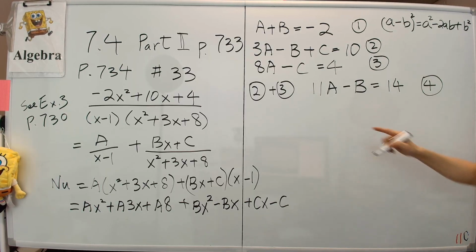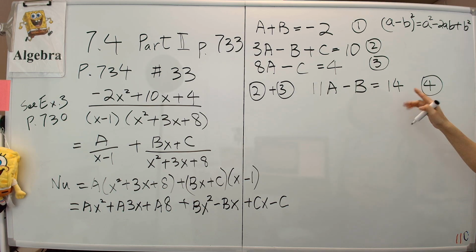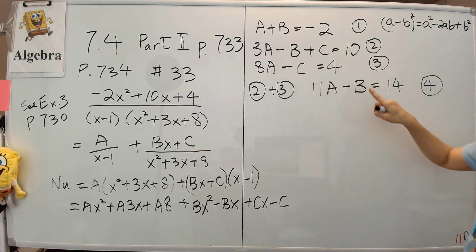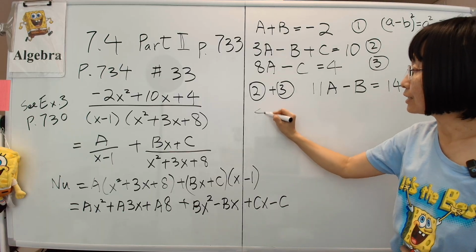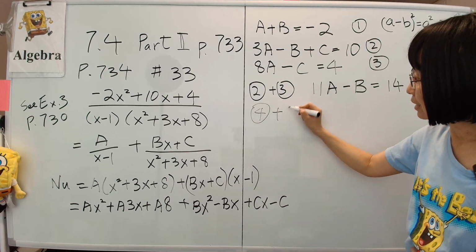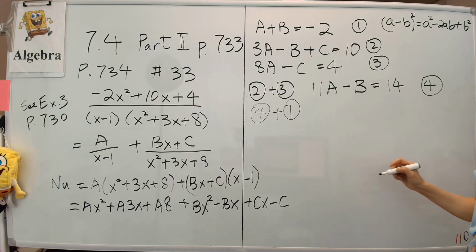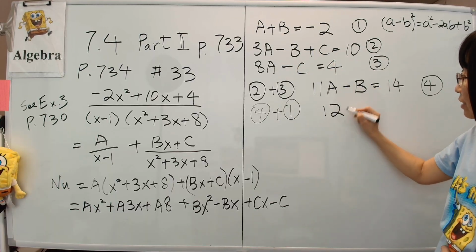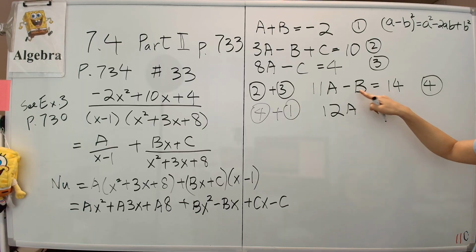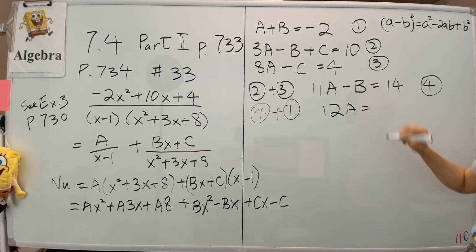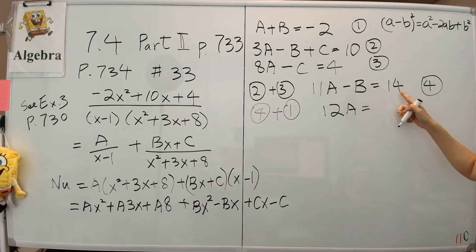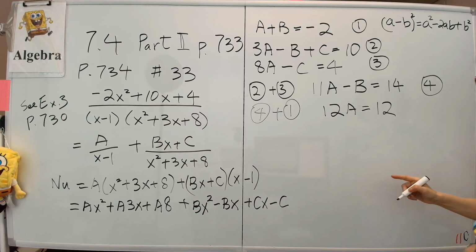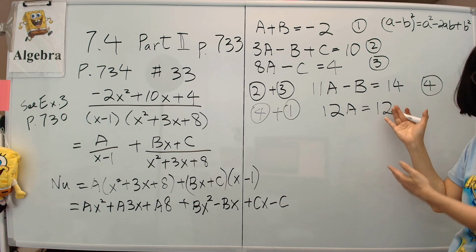Next, let's add equation 4 to equation 1, because there's a plus b there and a minus b there. So equation 4 plus equation 1, and we get 11 plus 1a, that's 12a, and then plus b minus b is gone, minus 2, and then 14, that will be positive 12. Let me pay attention to the negative sign here. Now that I pay attention, there isn't one.